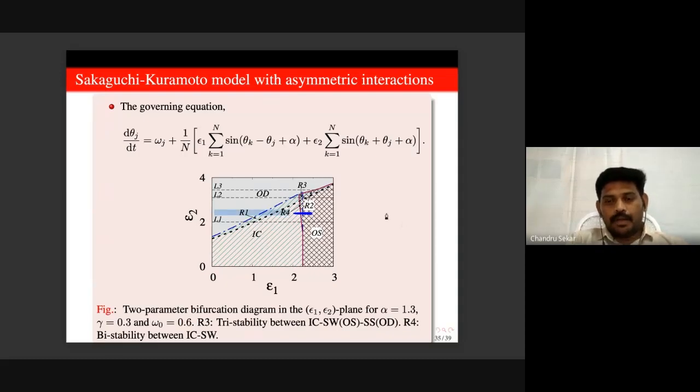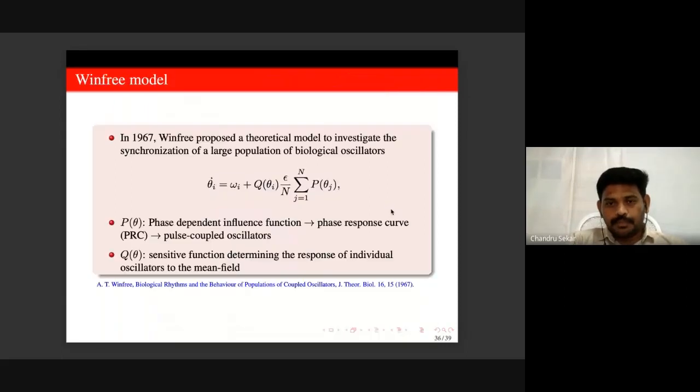Interestingly, we have also found that our model is a variant of the Winfree model. The Winfree model is a pulse coupled oscillator model.